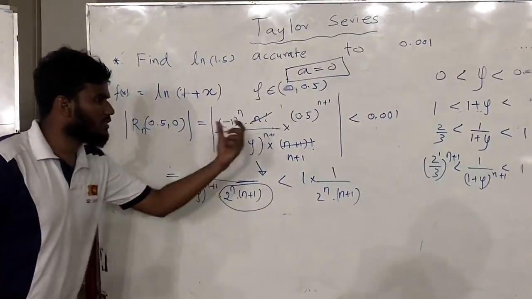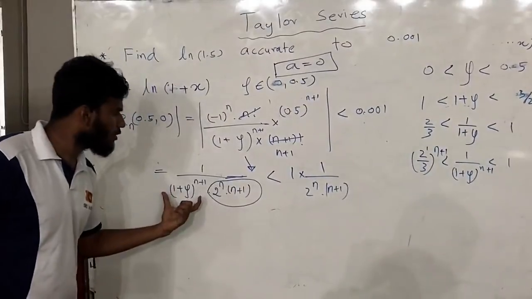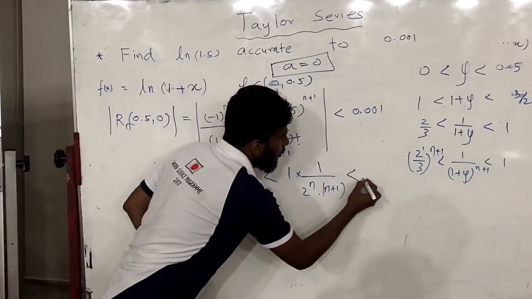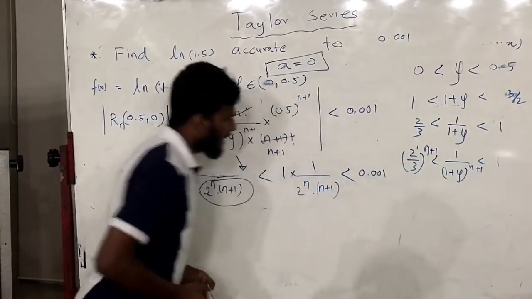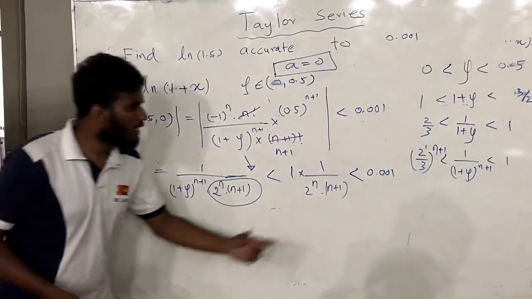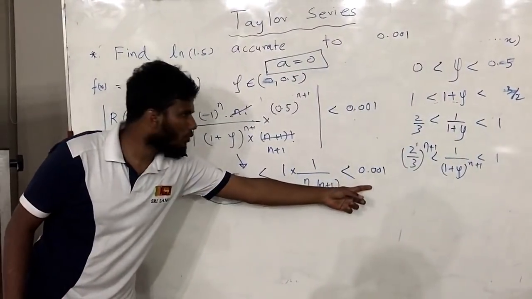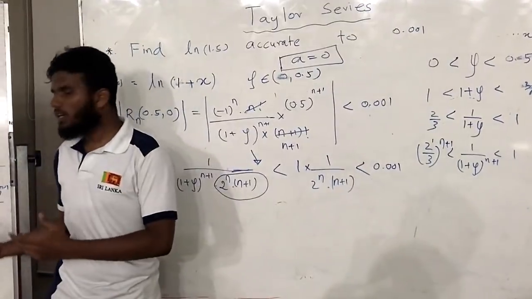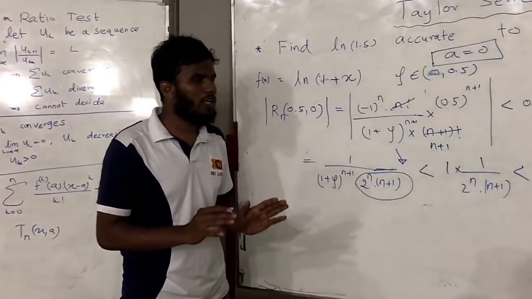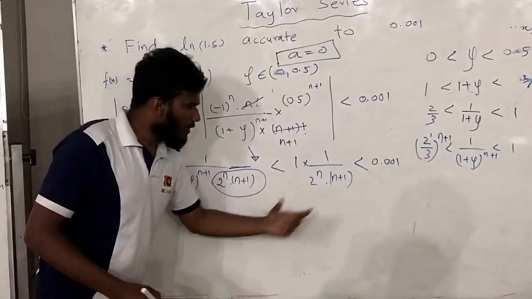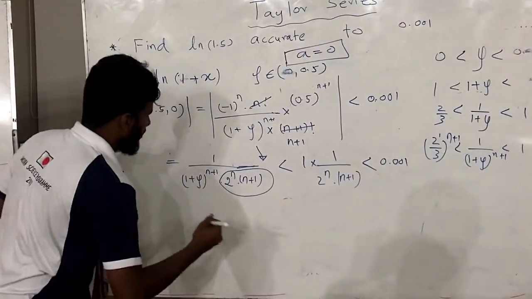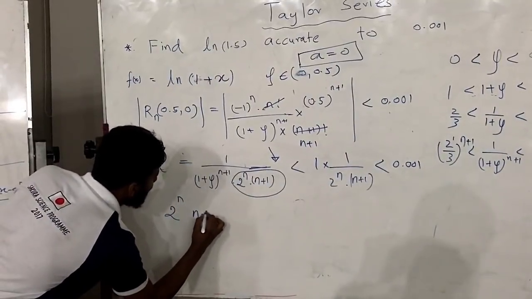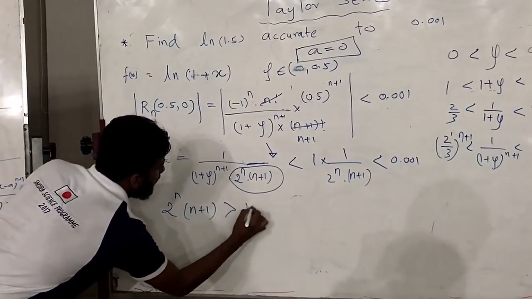So we got an upper bound now, right? Since 1 over 1 plus zeta is less than 1, we substituted it with an inequality. So if we find an n such that this is less than 0.001, obviously the remainder will be less than 0.001. Rewriting, 2 to the power n into n plus 1 should be greater than 1000, cross multiplying.